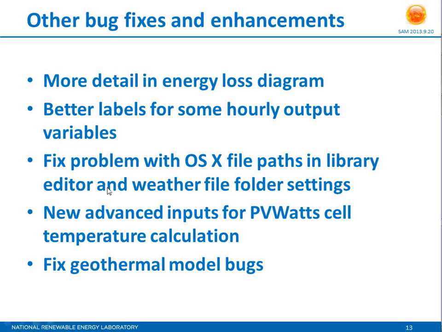And then there was a problem with file paths in the Mac version of SAM. That's fixed. There are some new advanced inputs for the PVWatts model that give you more flexibility in determining how PVWatts does temperature correction for the cell temperature calculation, and then some fixes to the geothermal model.